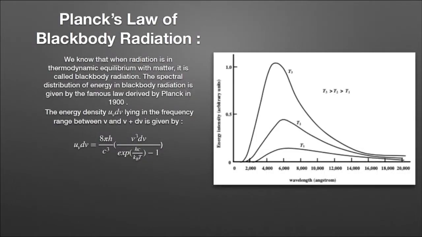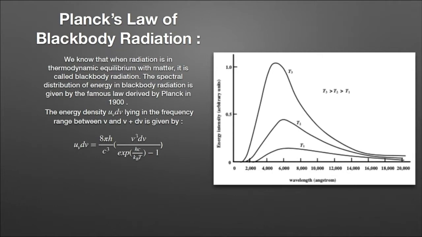Another topic is black body radiation and Planck's law. We know that when radiation is in thermodynamic equilibrium with matter, it is called black body radiation. The spectral distribution of energy in black body radiation is given by a famous law derived by Planck in 1900.